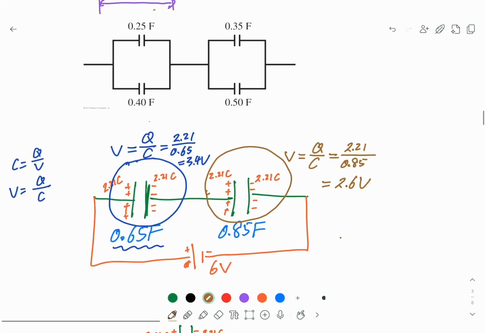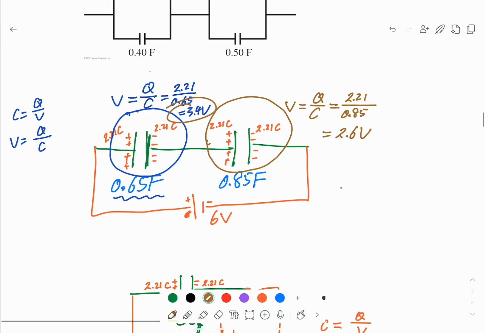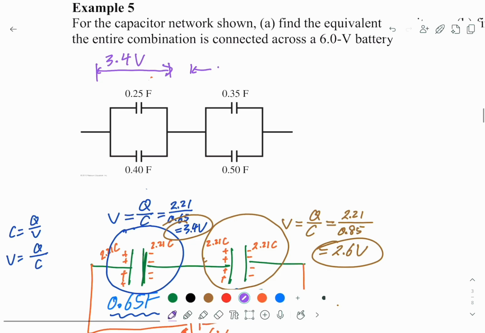You can see 3.4, the first one here, 2.6, the sum is 6 volt. So it means from here to here, this is 2.6 volts. Now once we know the voltage, these two capacitors share the same voltage.